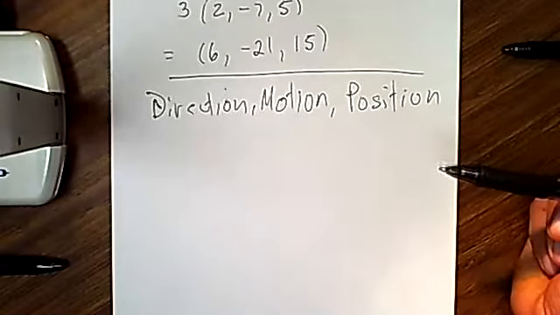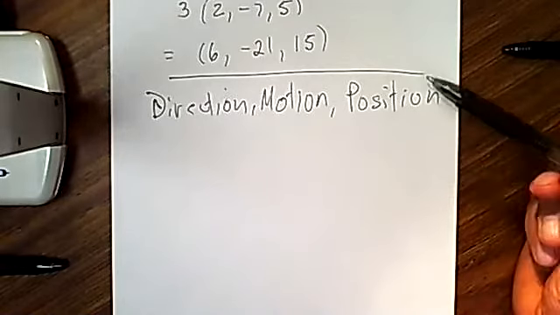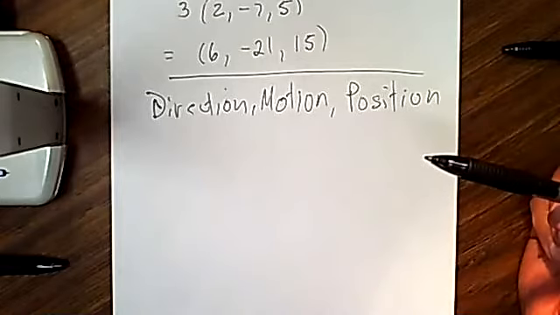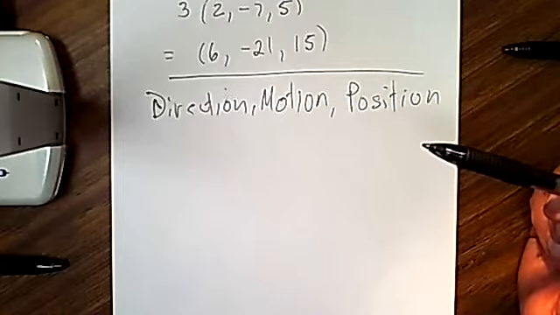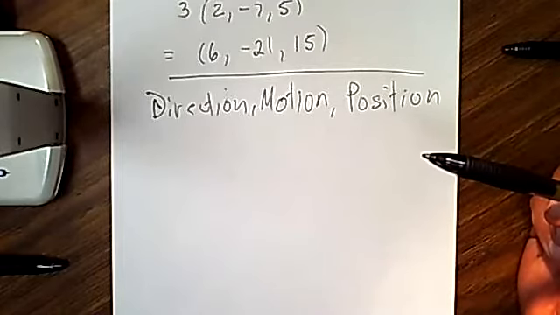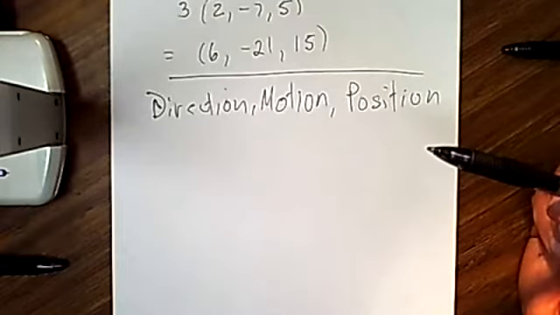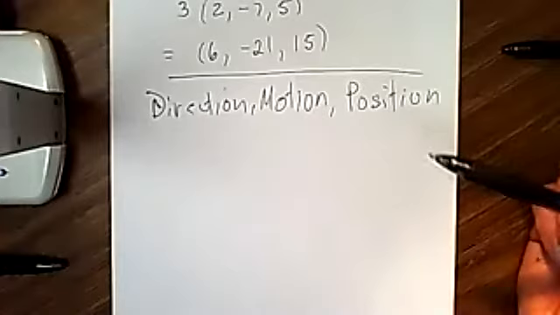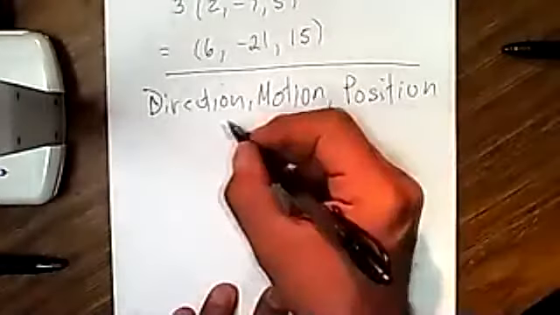We're not gonna rewrite vectors differently depending on what we have, because the context should tell us whether we're looking at a vector from a position point of view, or a motion point of view, or a direction point of view. An analogy I want to provide is this.